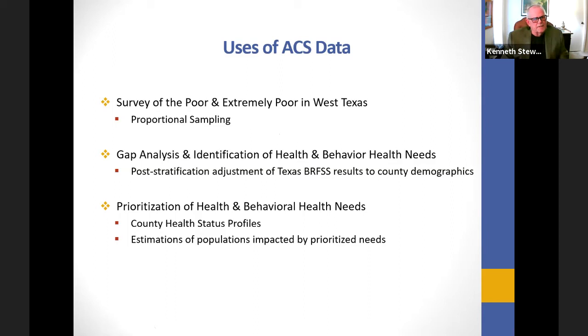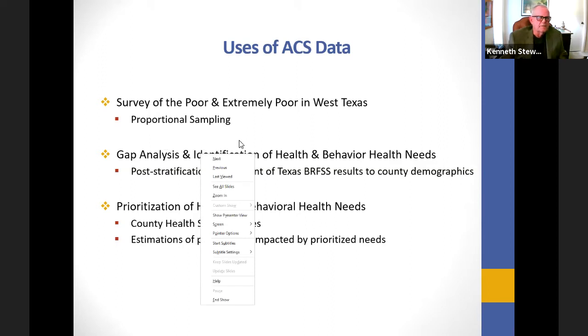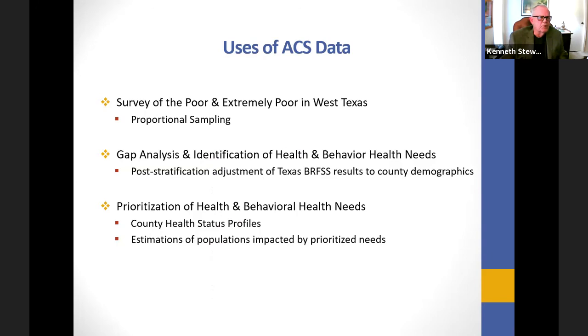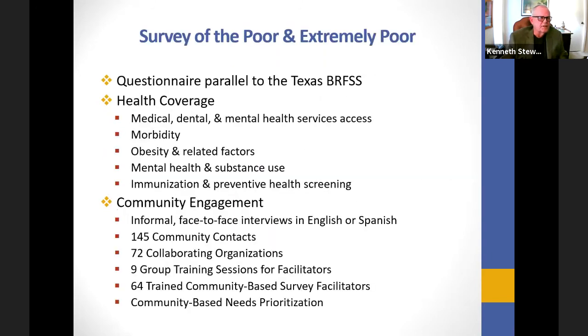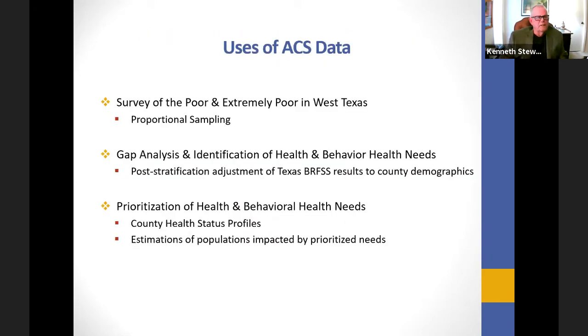Uses of the ACS data in this context, I've got a list of key uses here, and I'll be showing you one of them in a second. But one of our problems was to create a proportional sampling process where we wanted to get samples from our 20 different counties that were in proportion to the representation of the poverty population.